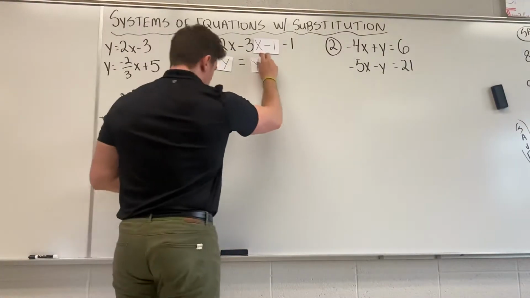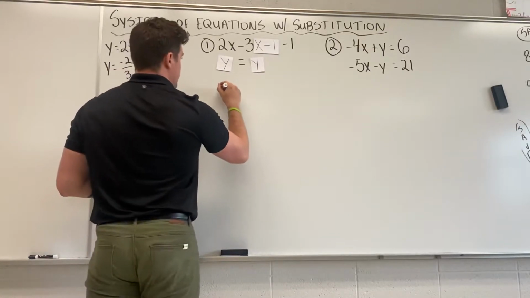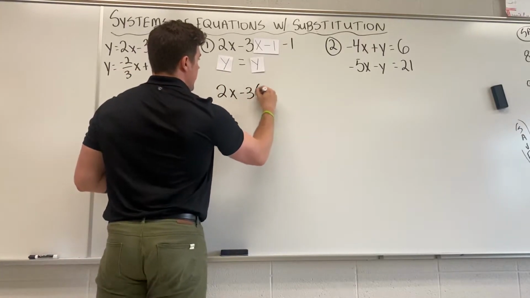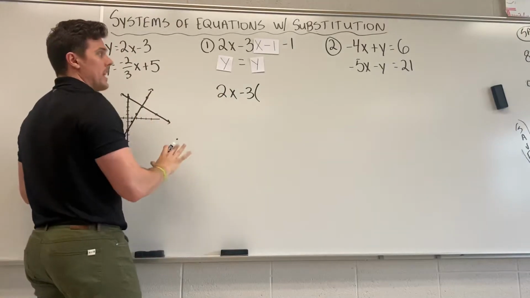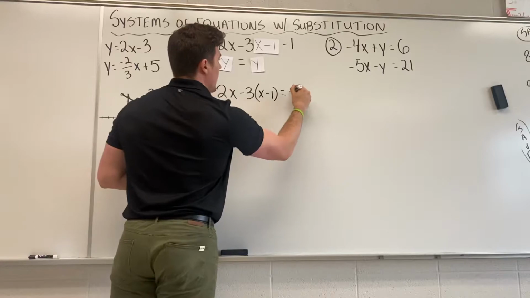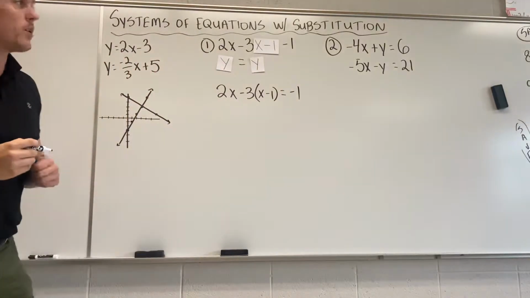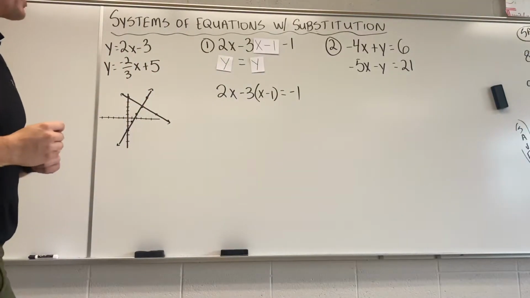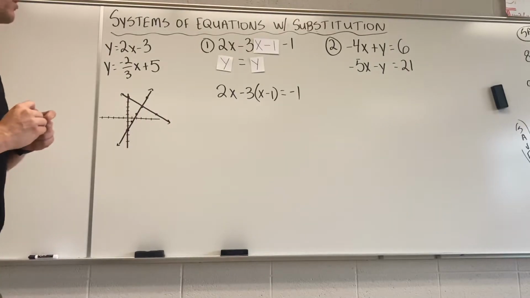So algebraically, here's how this looks. I'm gonna have 2x minus 3. Remember, we've talked about anytime we're plugging something in, we want to include our parentheses. So I plug in x minus 1 where y used to be, and now I have a new equation that is 2x minus 3 times x minus 1.